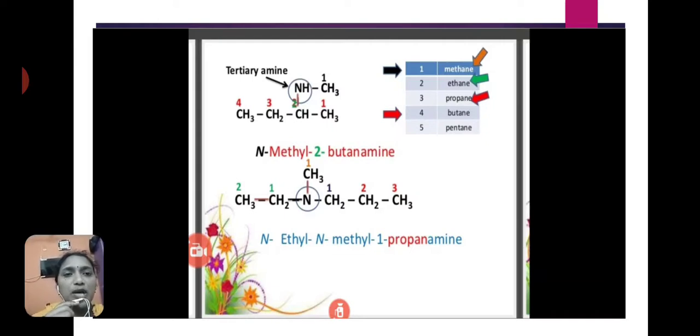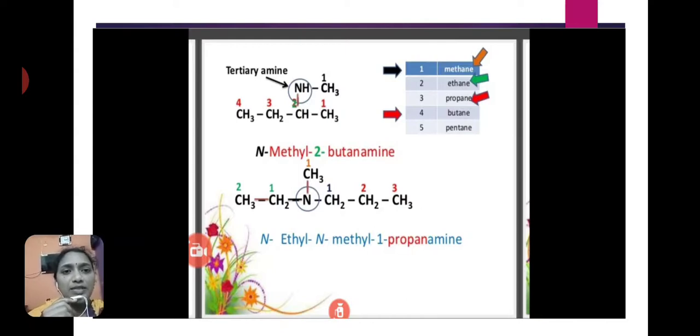First, the nitrogen we take as first priority. That NH group is having a methyl group, so N-methyl, and the amine is at the second carbon, so the compound name is N-methyl-2-butanamine.